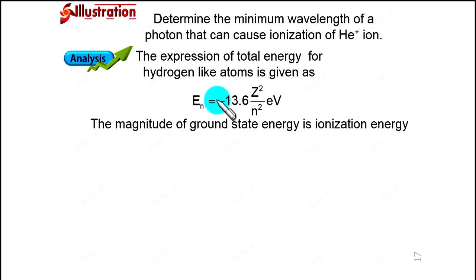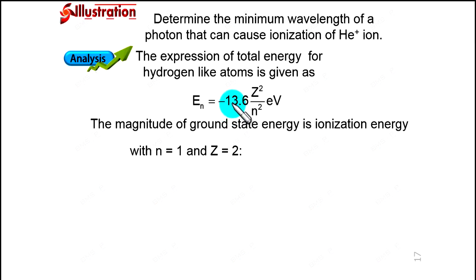Now, let us write the energy corresponding to the ground state. That means we need to substitute n equal to 1 in this expression. So, let us write n equal to 1 and here we need to calculate for helium ion. So, Z equal to 2. So, let us substitute n equal to 1 and Z equal to 2. Let us calculate E1, that is magnitude of E1. Let us calculate the magnitude here.